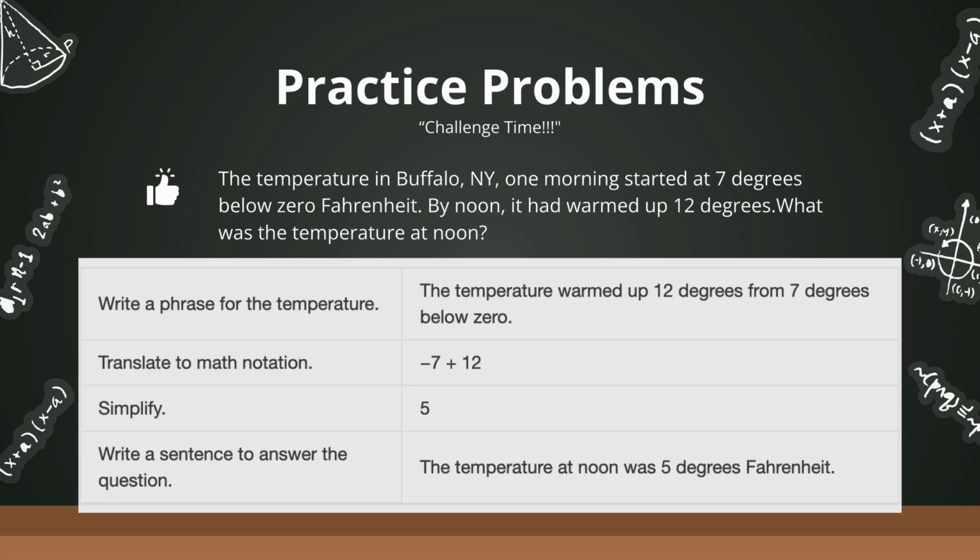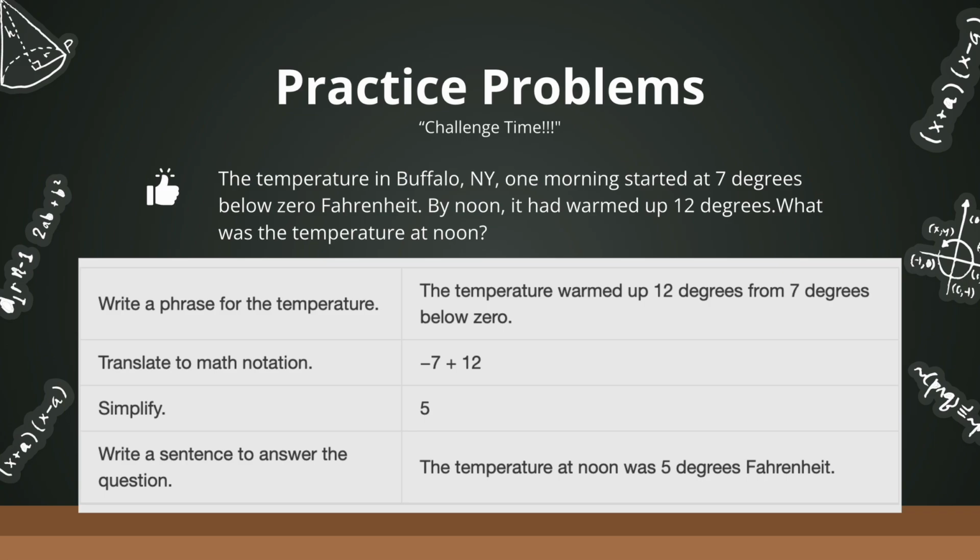Alright, let's see if you got this question correct. First, we write a phrase for the temperature. We'll say that the temperature warmed up 12 degrees from 7 degrees below 0. Then we can translate the phrase to math notation, which is -7 plus 12.